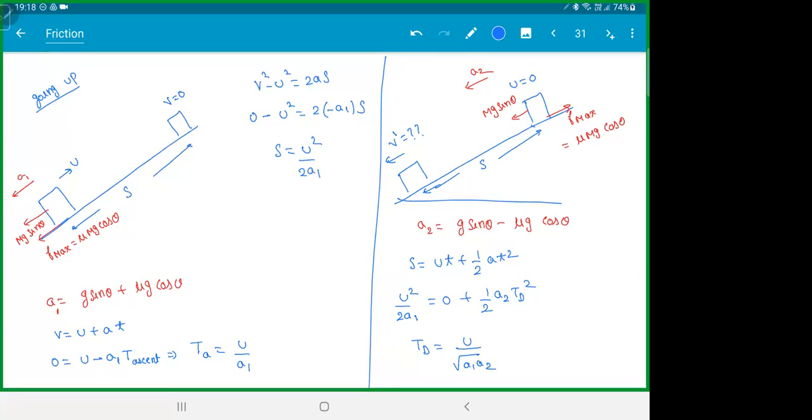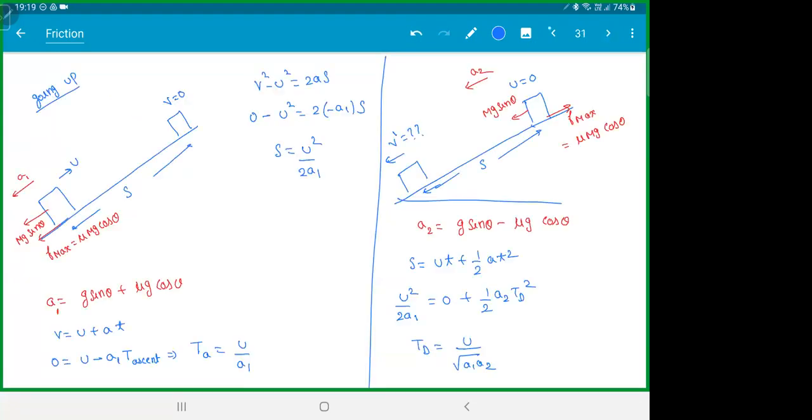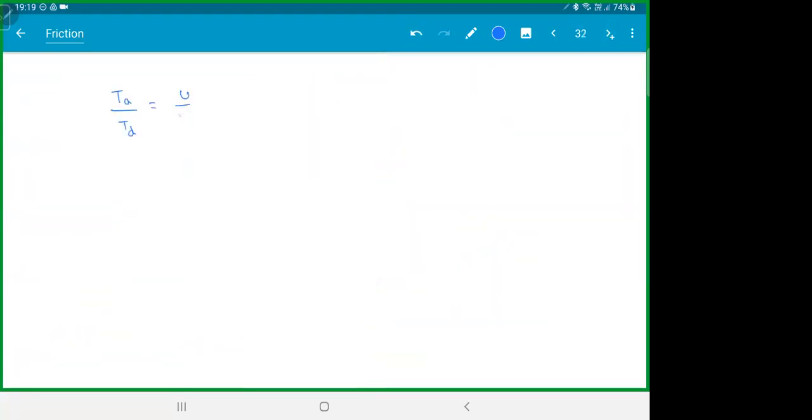And now you're asking me to find the ratio of time of ascent by time of descent. I'll show it on the next page. So time of ascent by time of descent will be u by a1 divided by u by root a1 a2. So that is root of a2 by a1.